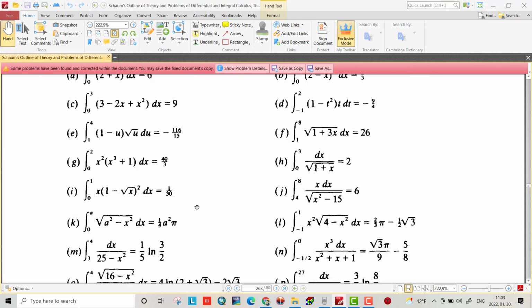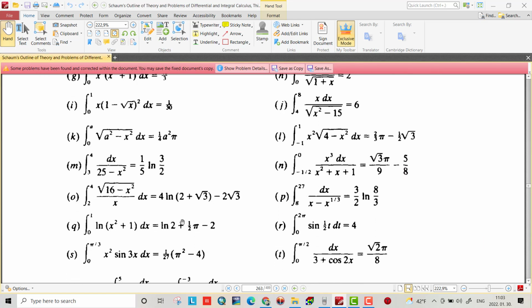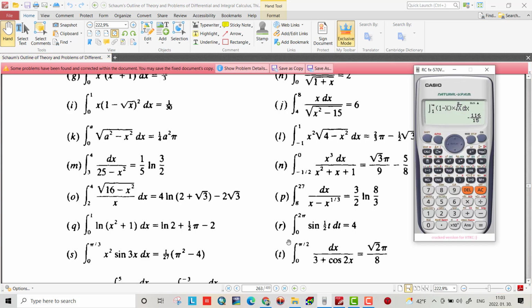Then what's more, let's solve this logarithm. For this one, integral symbol, ln of x squared, Alpha x squared plus 1, dx.